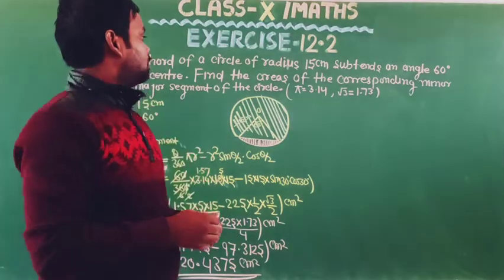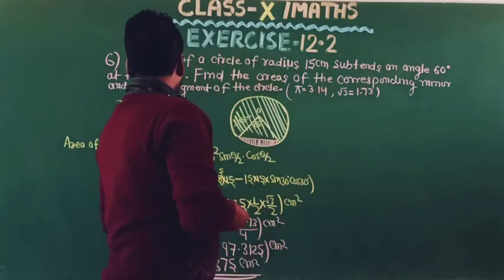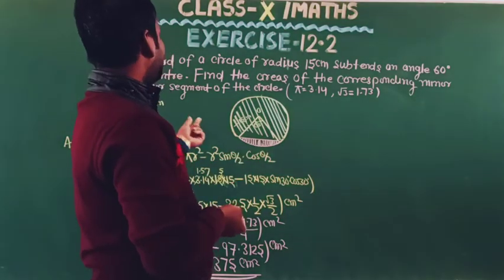So we have found the first part of this question, the area of the minor segment, and now we also have to find the area of the major segment.